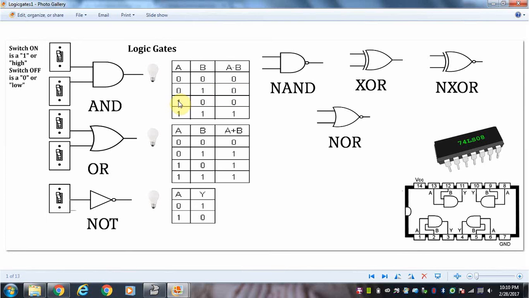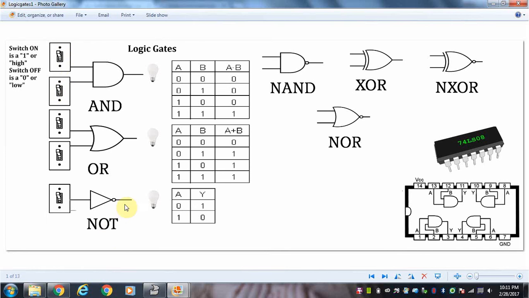If input A is high but input B is low, it will not turn on. Both of the switches here have to be turned on in order to activate the light. So this is the truth table for an AND gate. Notice the only condition where the light will turn on is if both of these switches are on, or they're both a level 1 or high.